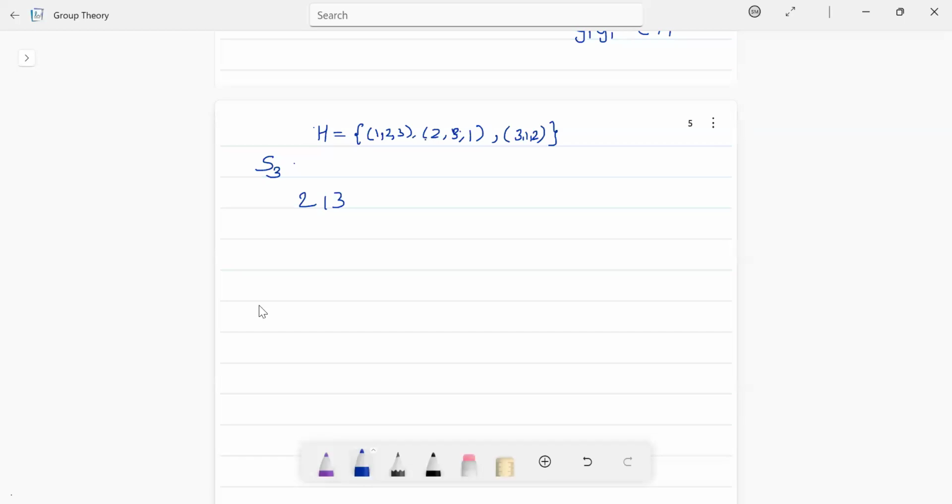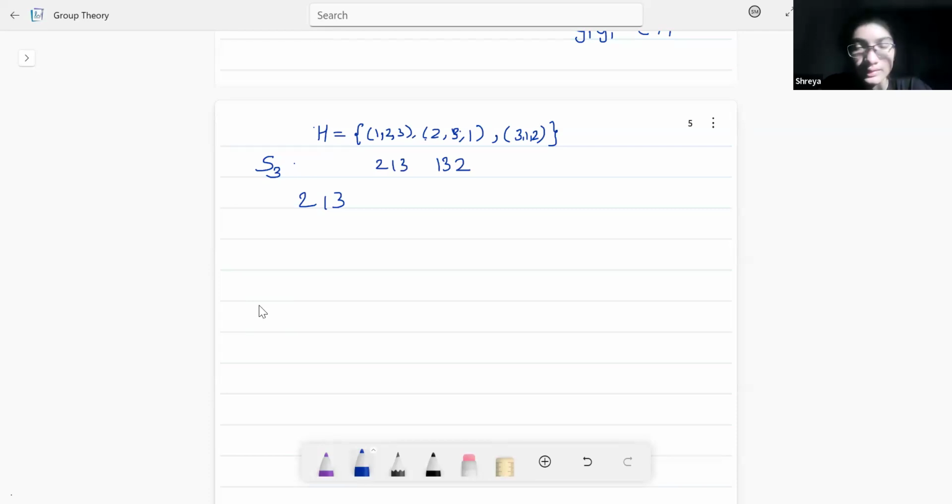It will be 2, 1, 3, then 1, 3, 2, and then 3, 2, 1. Okay, that's simple enough. And from the other side, okay, yeah. Oh right, okay, I see what you mean better. It's just not equal to this, so it's the other thing. Yeah, true.